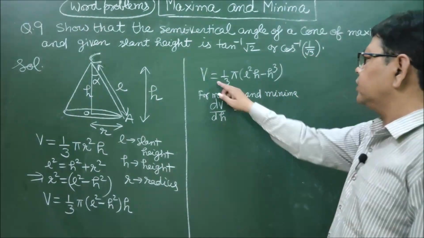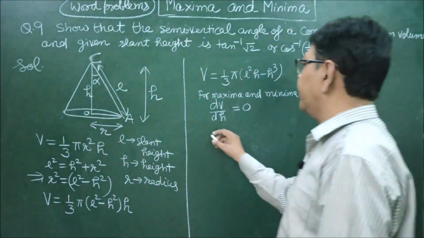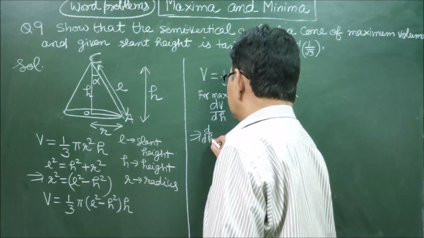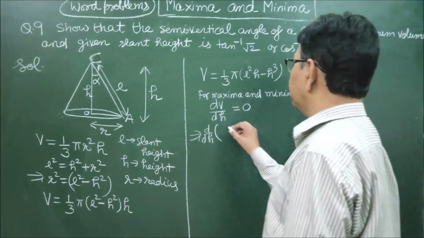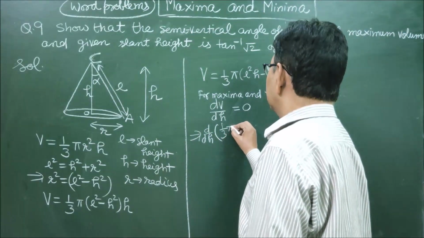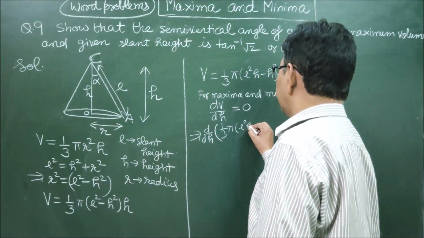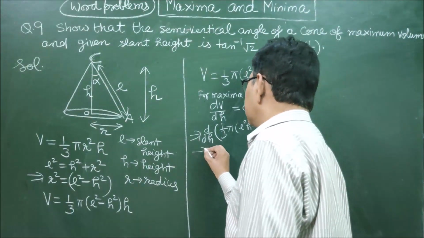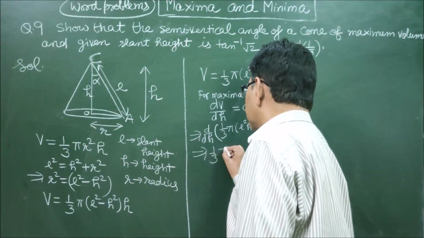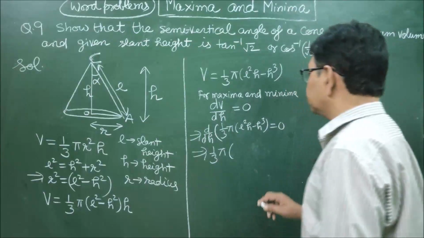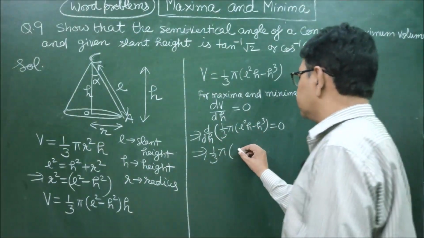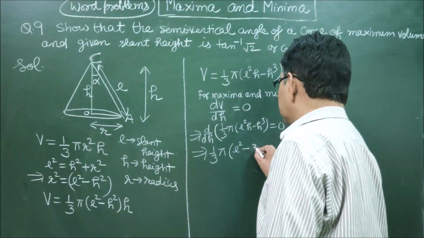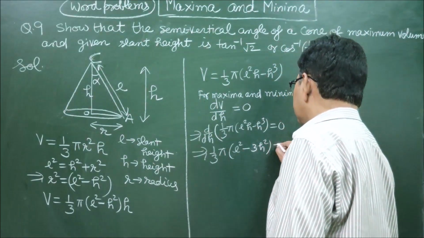Now let us differentiate this function with respect to H. So d by dH of 1 upon 3 pi into L square H minus H cube is equal to 0. That is, 1 upon 3 pi is a constant, and differentiation of L square H with respect to H gives L square minus 3H square is equal to 0.